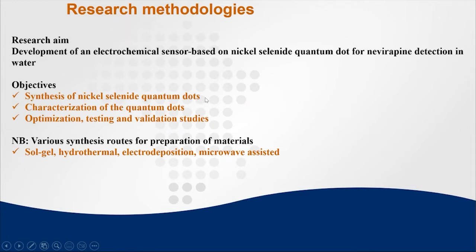So in this case, when we synthesize various materials, particularly quantum dots, we use various methodologies. We could use sol gel, hydrothermal, electrode deposition, microwave assisted. So it depends on which method would work for your system.